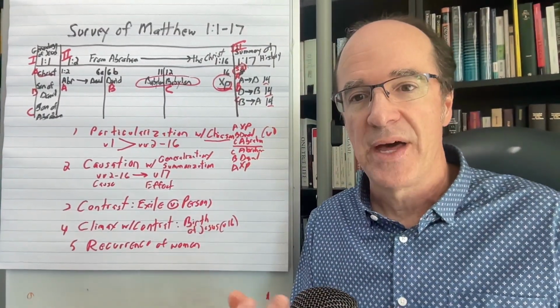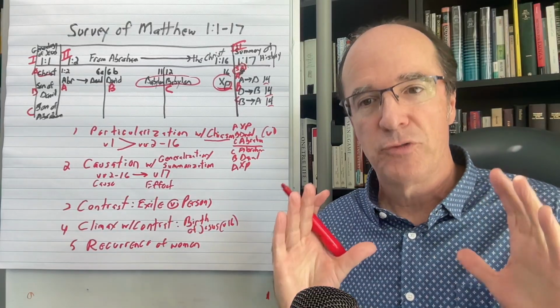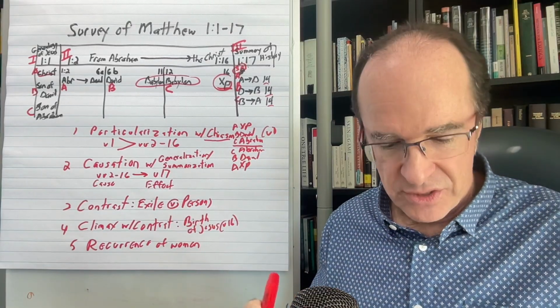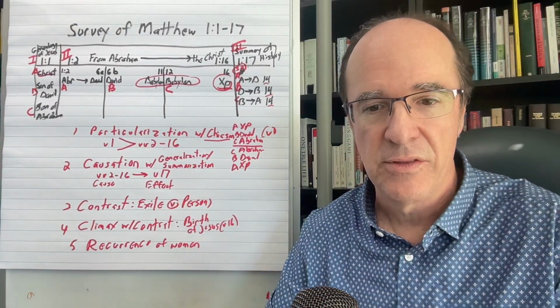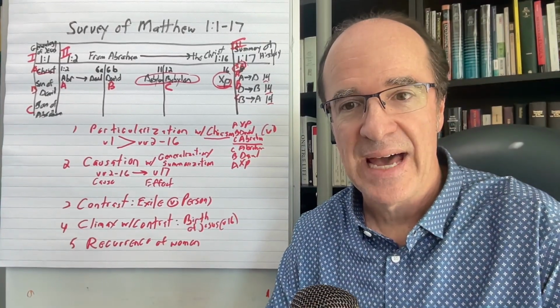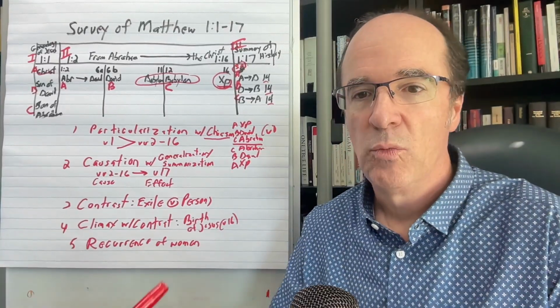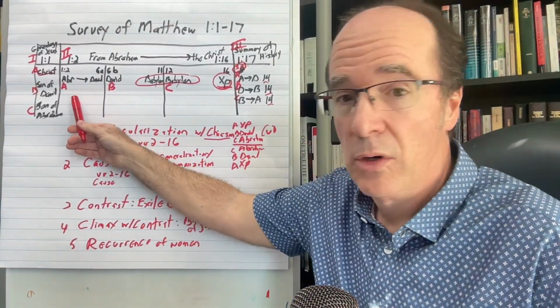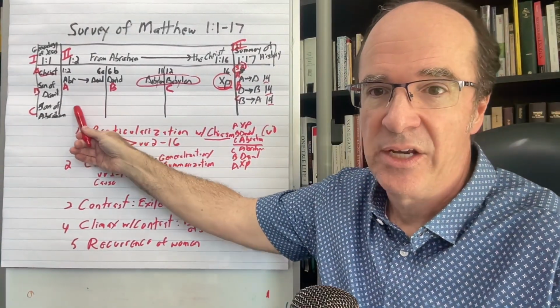And if you included that in the survey, that's fine. But the piece that really stands out in terms of true recurrence is the mention of women in the genealogy itself. And I'm sure that you noticed that in key places in the genealogy, we get Tamar, Ruth, and Rahab mentioned in this first section here.